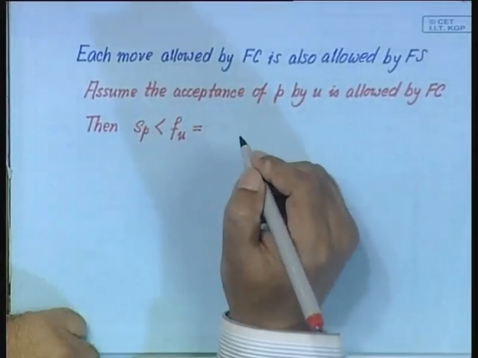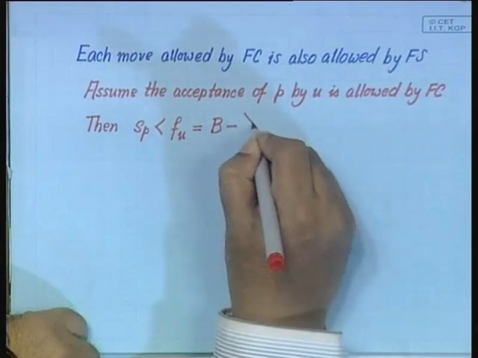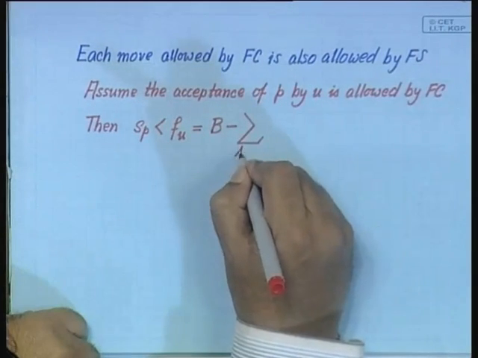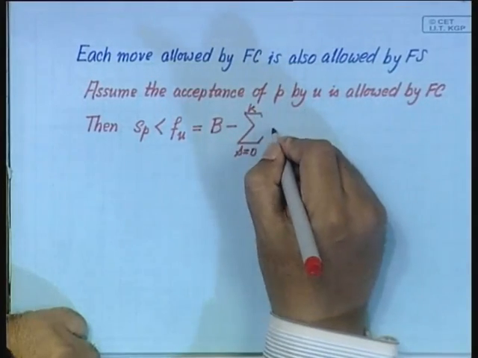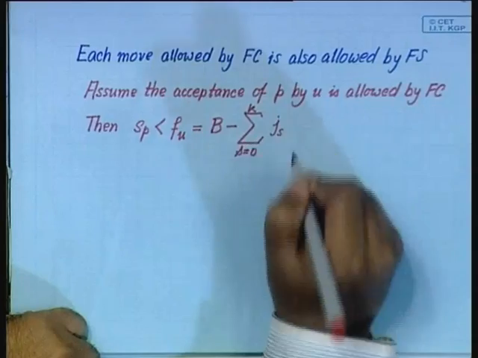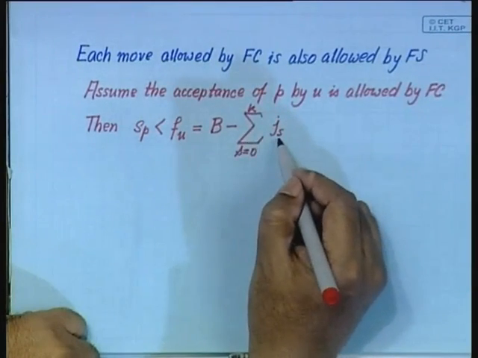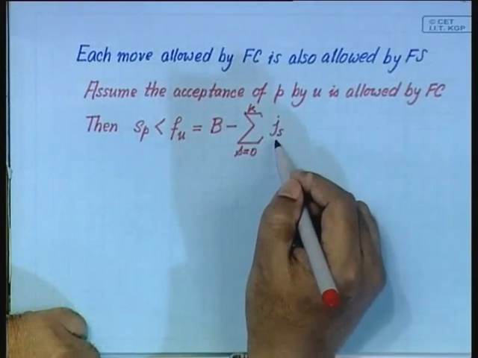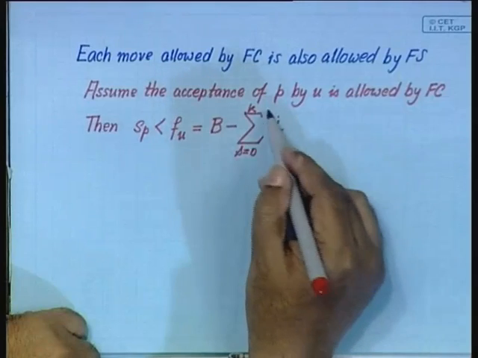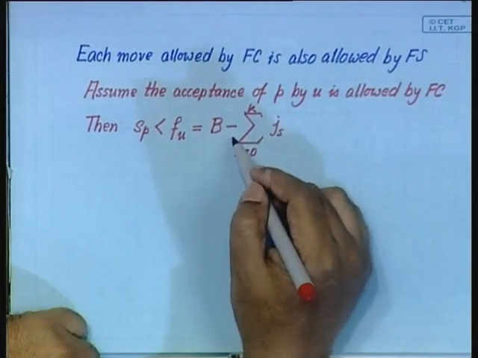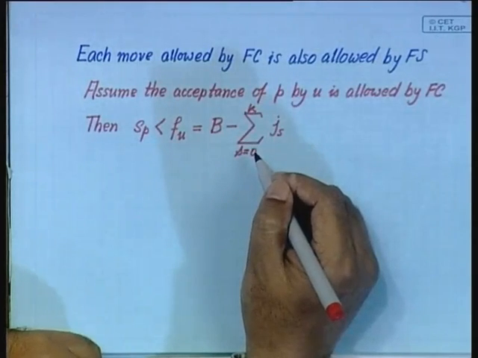FU is the number of free packets. So, I can write that as B minus sigma of S equal to 0 through K of Js. Why? I am summing up the number of packets which have 0 hops to go, 1 hop to go, 2 hops to go. So, this is the total number of packets that are residing in U. B minus that is giving me the number of free packets, the number of free buffers in U. Okay.